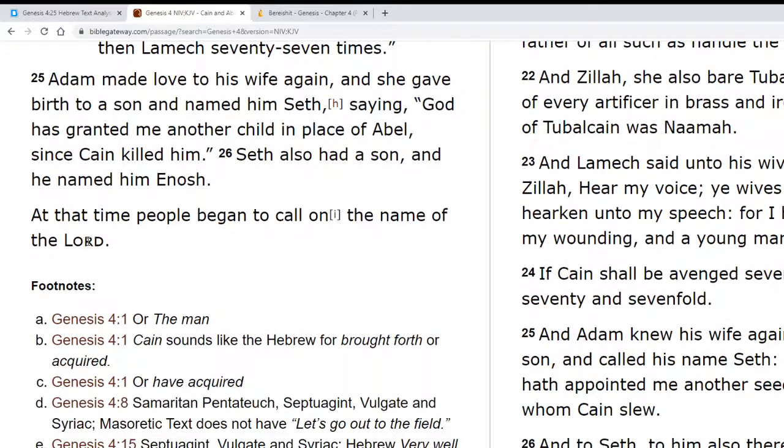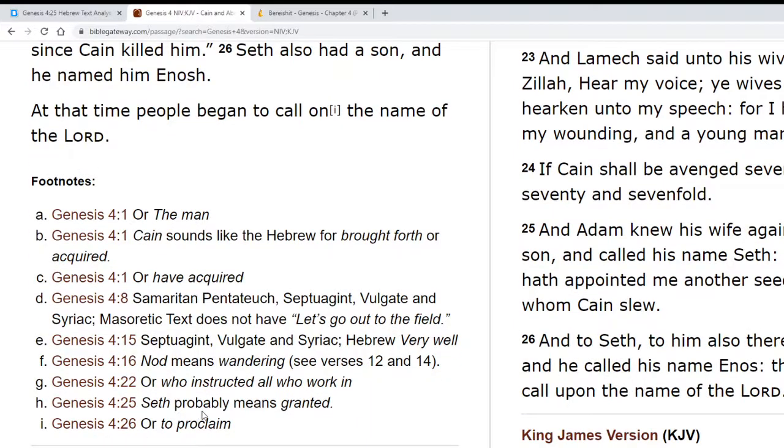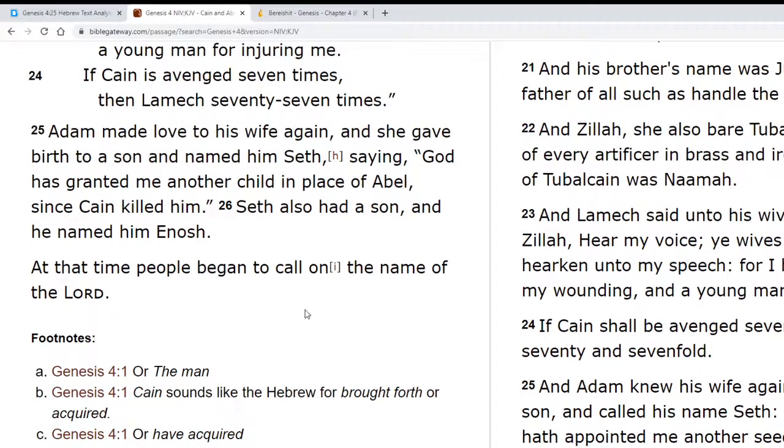Yeah. Okay, and they have the note here, Seth probably means granted. Well, I mean, you translated that word as granted, so I don't understand why they're putting it as a note probably instead of saying that it is related to the same word.